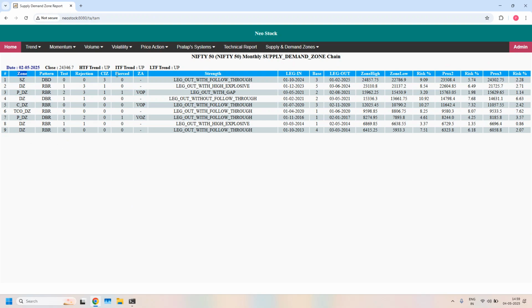Look into the pierced column to find the pierced zones. Look into the LTF trend to find the trend of the current time frame you have selected. And apply the same rules to the remaining reports. And also don't forget to pause the video when you are moving from one report to another report, because I am giving you only few seconds time.